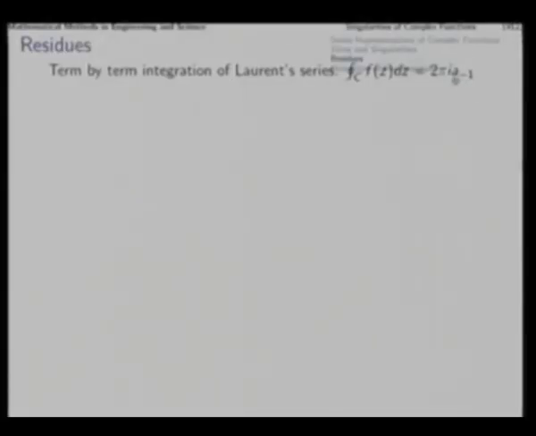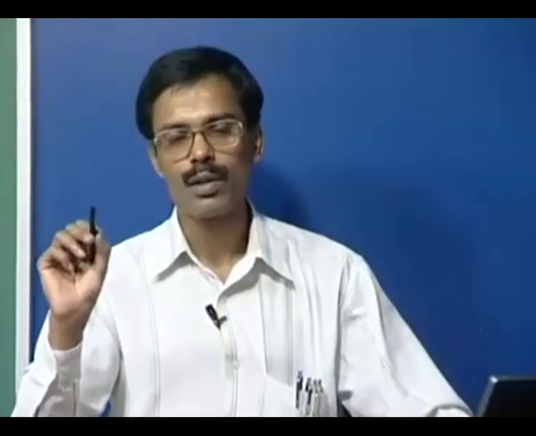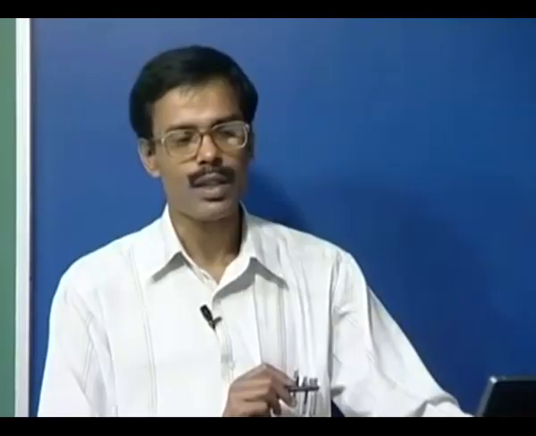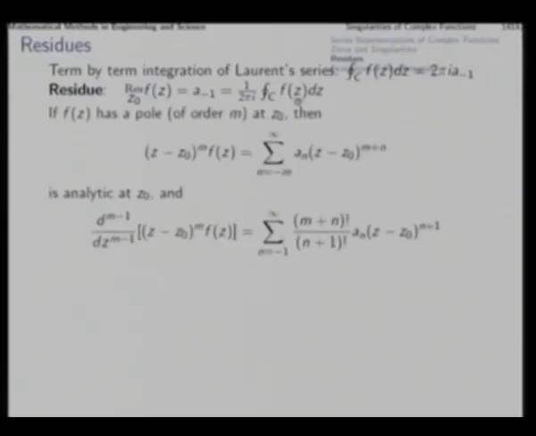This coefficient a minus 1, the coefficient of 1 by z minus z0, is called the residue because of this reason, and we can define it like this: the residue of f(z) at z0 is this coefficient, which turns out to be 1 by 2 pi i into this integral, because all other terms will vanish.